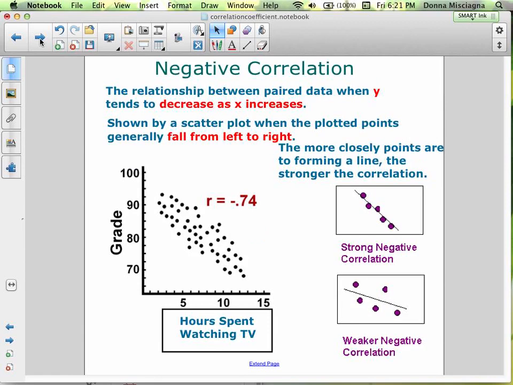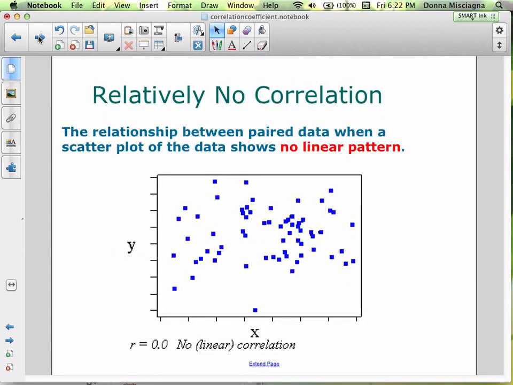And correlation coefficient is measured by finding the distance between the points and the line. That distance is called residuals, but that's just some extra information for you. So relatively no correlation: the relationship between paired data when a scatter plot of the data shows no linear pattern. So here we have no correlation. Looks like a cloud of points.